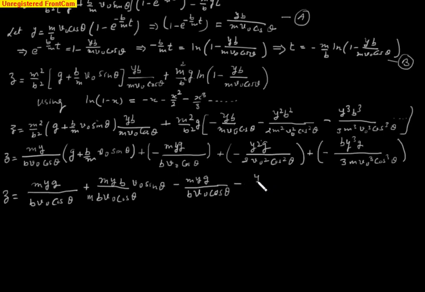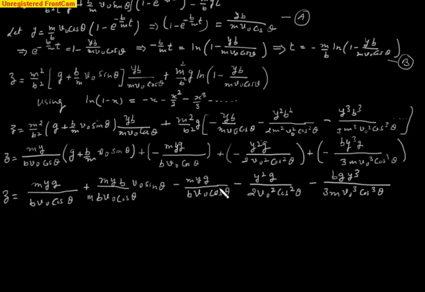Then again we have a minus term here, minus y square g divided by 2 v naught square cos square theta, minus b g y cube divided by 3m v naught cube cos cube theta. These are the terms on opening the brackets.